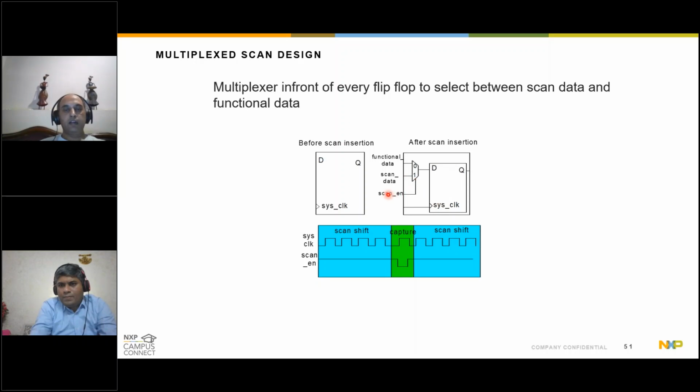And when my control signal scan enable is high, at that time it's the scan data which is captured by the flip flop when the clock triggers, right? So you can imagine there is one mux added in front of the input of a flop, and one of the inputs, the scan data, is in your control, and the other input to this flop is a functional input, and this is how it is shown in the below waveform as well.